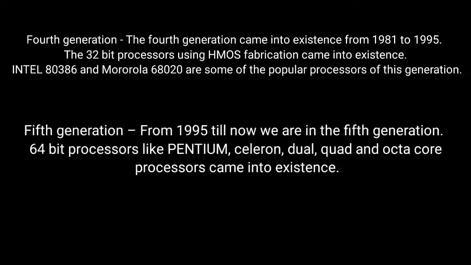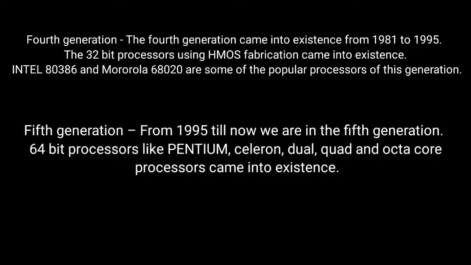Fourth generation. The fourth generation came into existence from 1981 to 1995. The 32-bit processors using HMOS fabrication came into existence. Intel 80386 and Motorola 68020 are some of the popular processors of this generation.